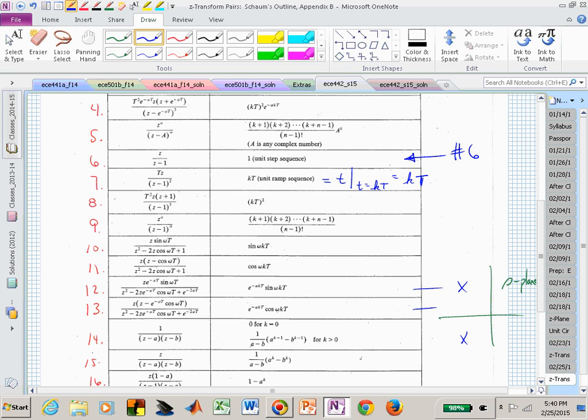Now you could map that through z equals e to the sT, and where are your z-plane poles going to be relative to rows 12 and 13 in your z-plane?